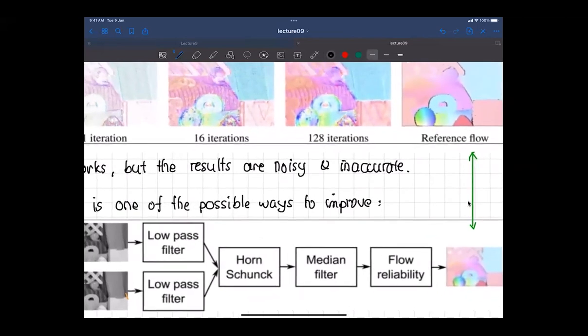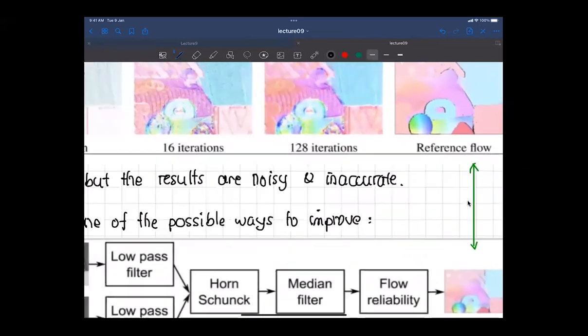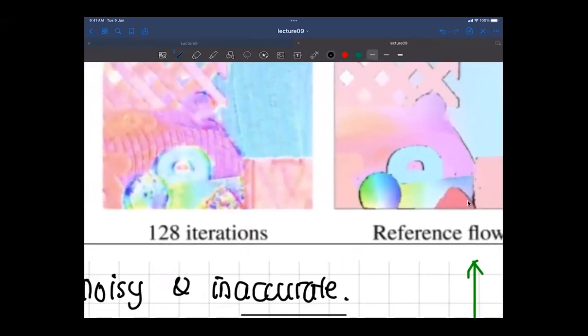And the main problem of Horn-Schunck is that it's noisy, as you can see here. It's not really smooth. Sometimes it can be very noisy and also inaccurate.